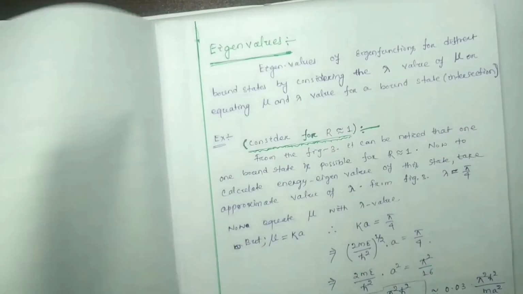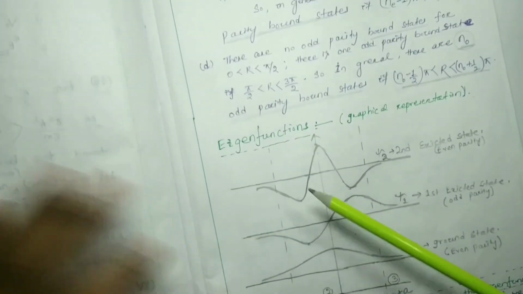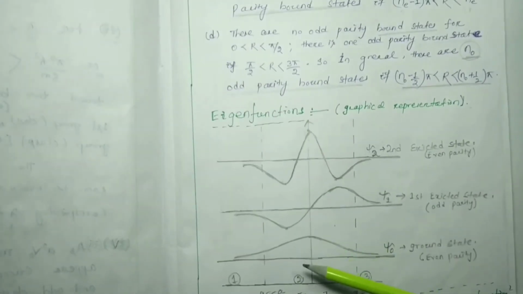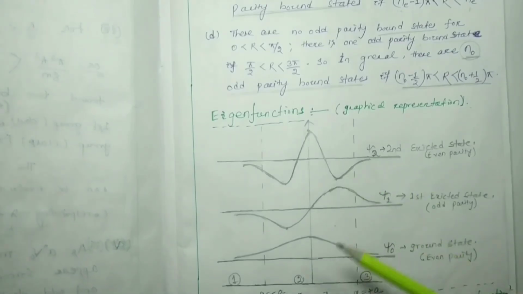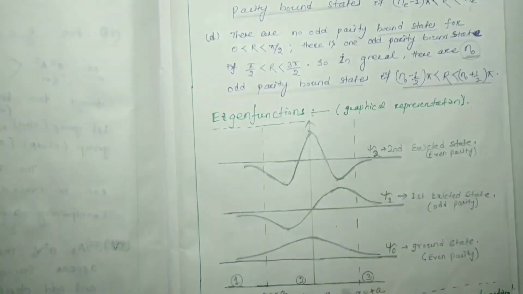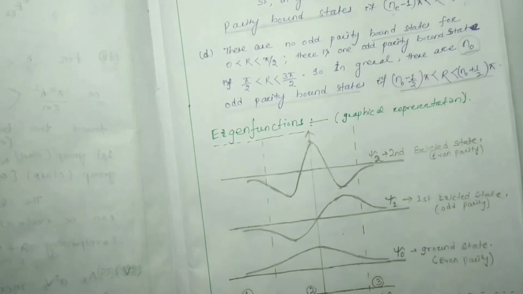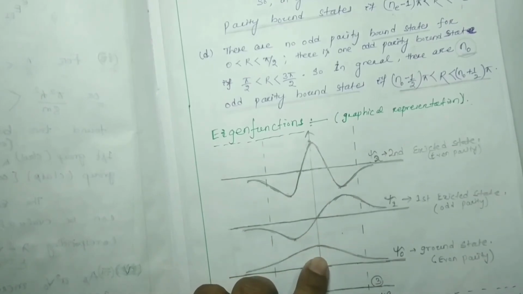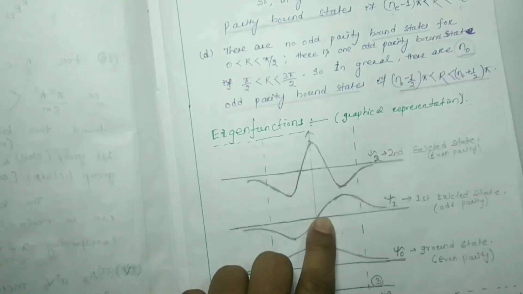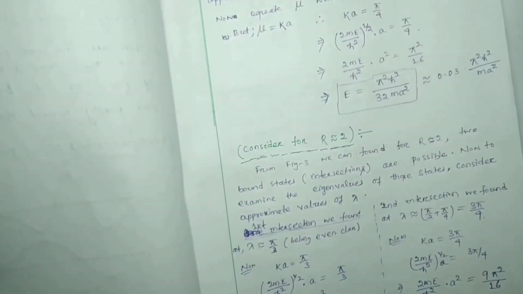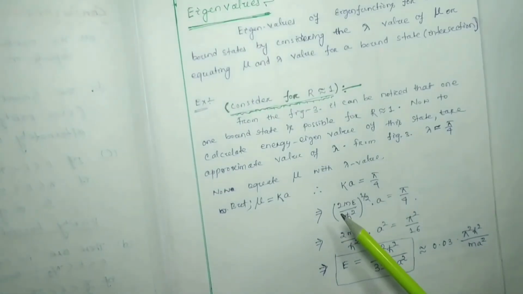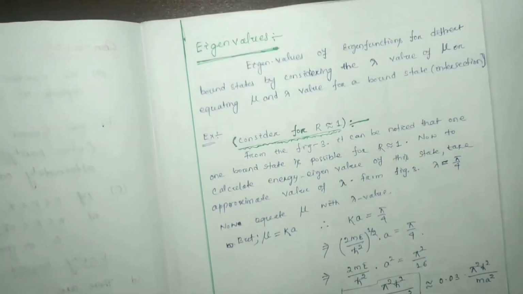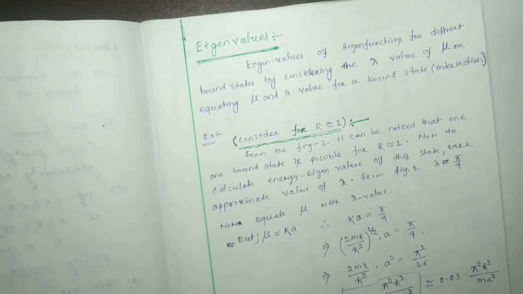Okay, here we found the Eigen functions, the alternate even and odd parity wave functions, and this is the graphical representation. What will be the energy value or Eigen value for this state and this state, we are going to discuss in our next class. Okay, so thank you so much for watching this video.